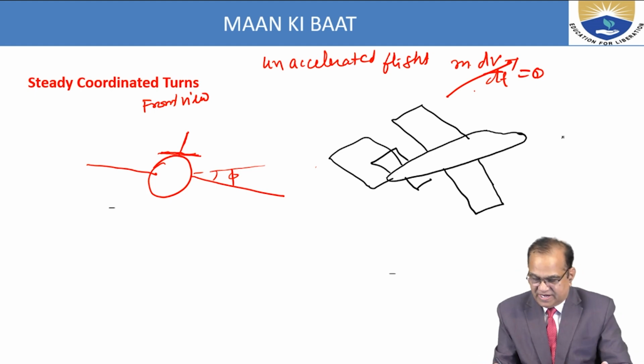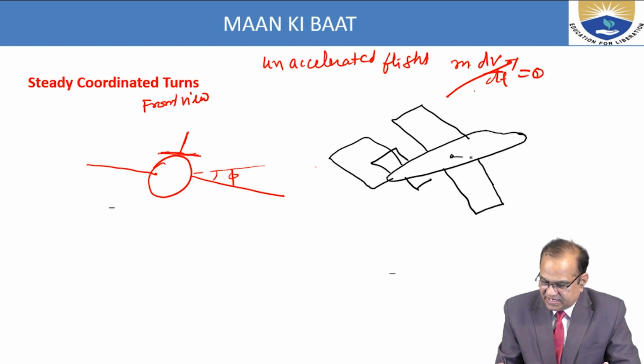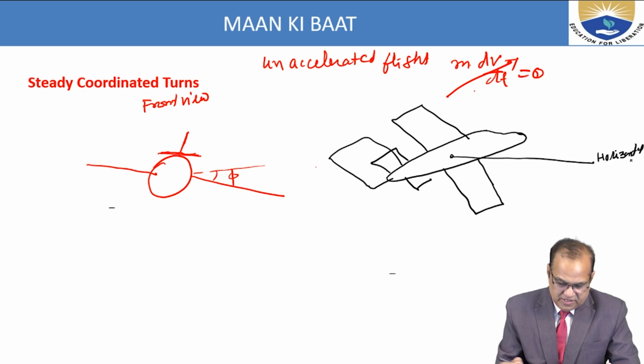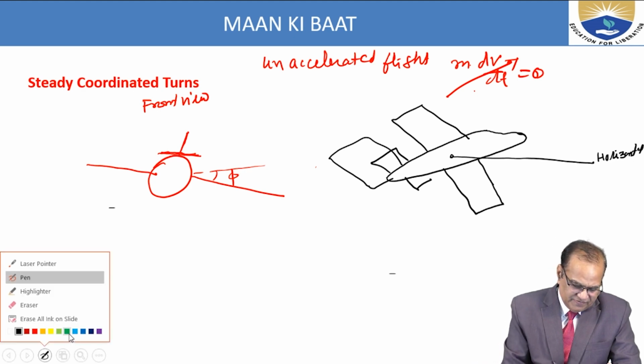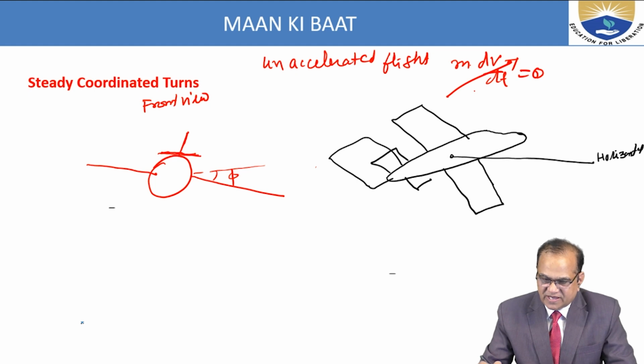Here is the CG, and this is your horizontal. If I take some different colors, from here this is the thrust, and this is also the velocity vector in this same direction.